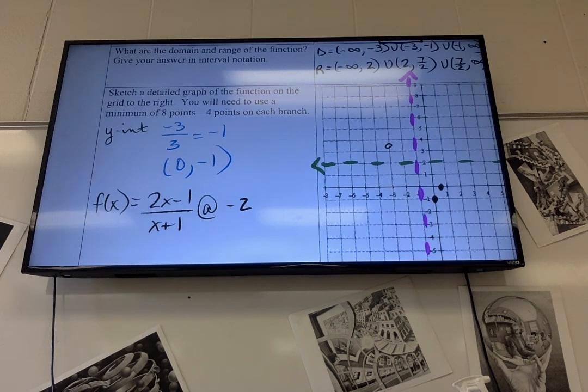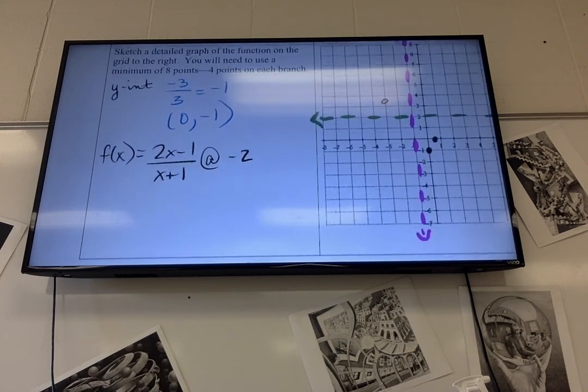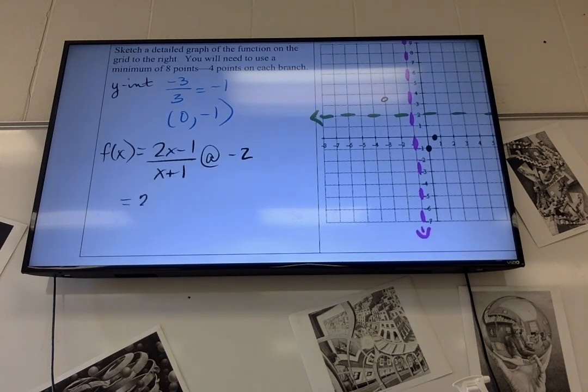Now, I'm not saying this is a point you would have to plug in. I'm just saying if we get to a problem where there's nothing on one side, this is how you would find the point. So if I plug that in, I have 2 times -2 minus 1 over -2 plus 1. That's -4 minus 1 over -1.